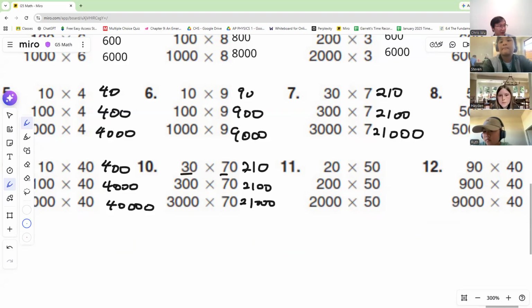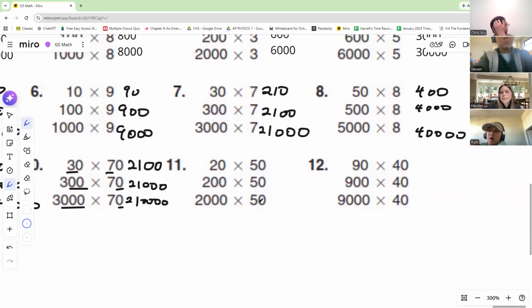3 times 7 will give me 21, right? How many zeros should I have? 2. 2, yeah. So let's add one more zero here, right? So each one of them, this one would have 3 zeros total, and then this one will have 4 zeros total. So let's add one more zero to it. Okay. All right, Ruth. 1,000, 10,000, 100,000.